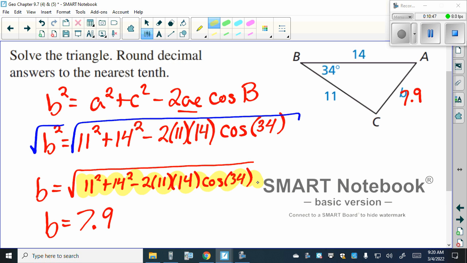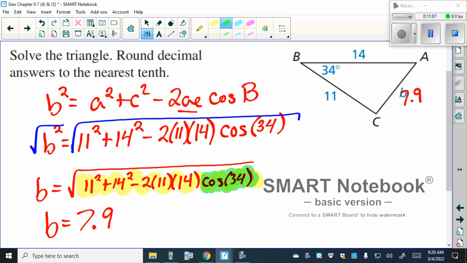And the reason I say that is mainly dealing with cosine of 34. How many times have we typed in cosine, sine, or tangent of an angle and got a nice number? Very few, because 1/2, 1, and 0 are really the only three that are nice.